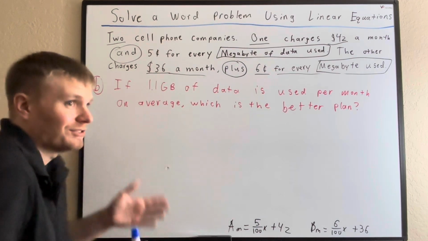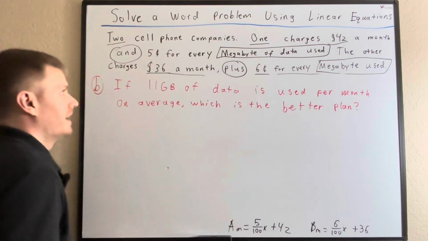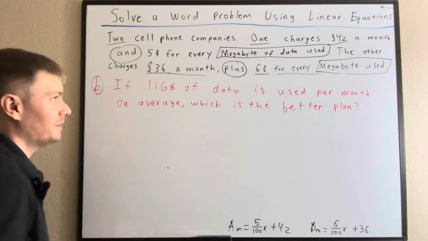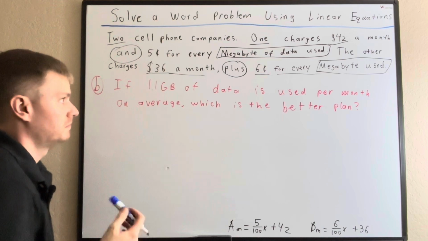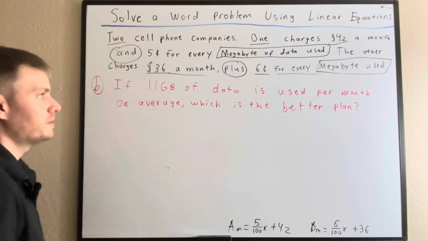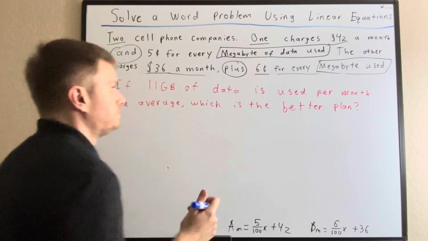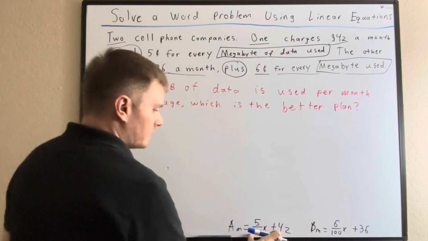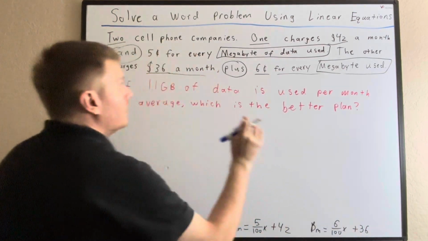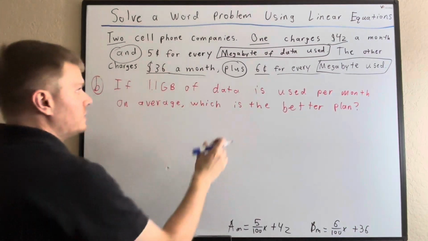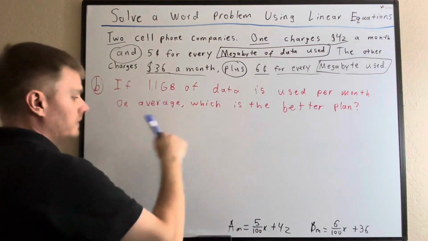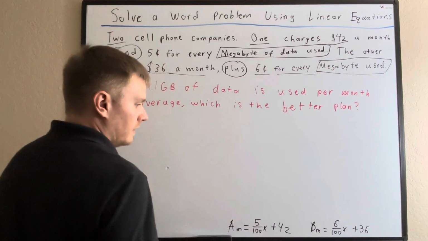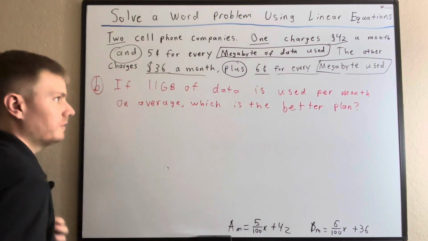I mean, it's going to be variable depending on the month, but if you're a family that uses a lot of data, maybe you want to know which plan is better for you. So we take our answers from part A and we just substitute in our variable to see which one gives us a lower value, right?